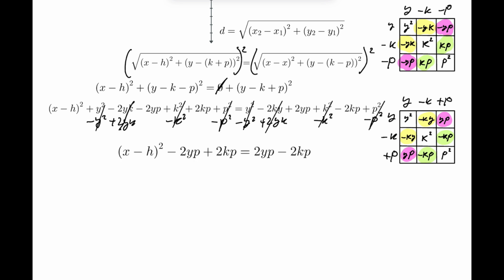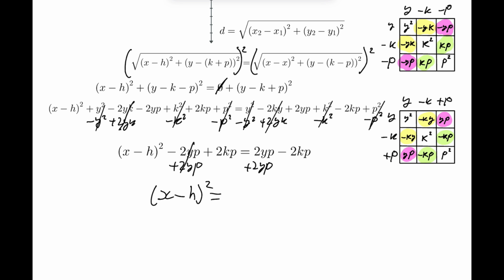So now we want to move all terms containing a p to one side. So let's move those away from the (x minus h) squared. In fact, we're going to do that and then we're going to switch the sides. So we're going to have (x minus h) squared, leave some space there, add 2yp to both sides.